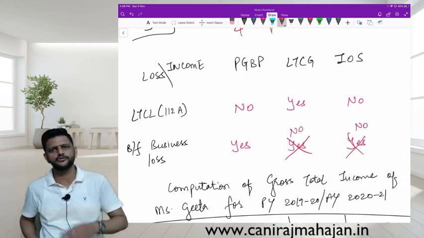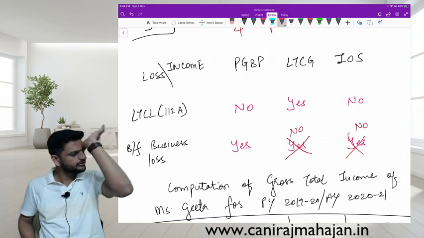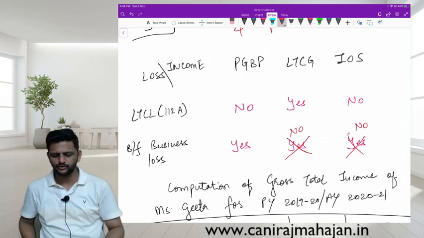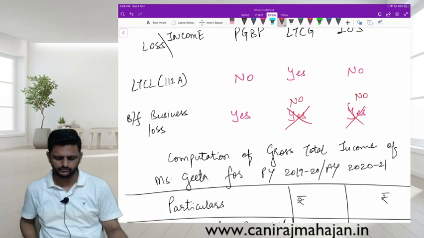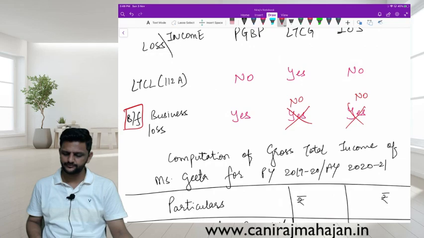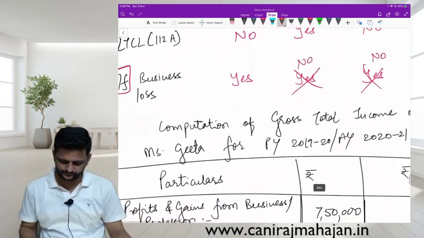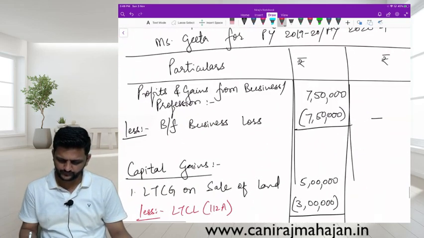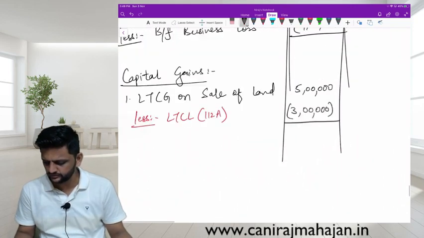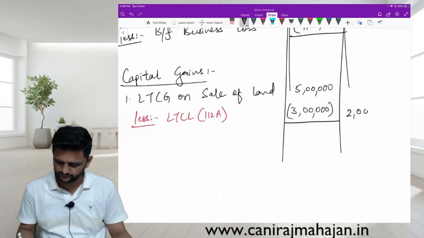But first remember the provision also, no? Brought forward business loss can be set off only against business income of the current year, correct? Brought forward loss cannot be set off against other heads of income, correct? 2 lakhs. Net capital gain is 2 lakhs now. You write that note also.